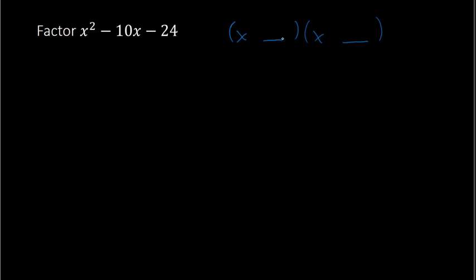The numbers that go here and here are determined by seeing what two numbers multiply to get negative 24 and add to get negative 10, the middle term. So we are going to begin by looking at this negative 24, and we see what numbers multiply together to get negative 24.